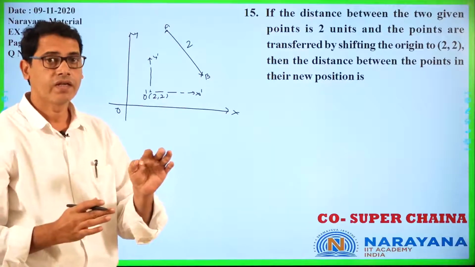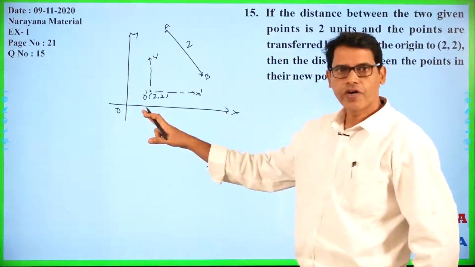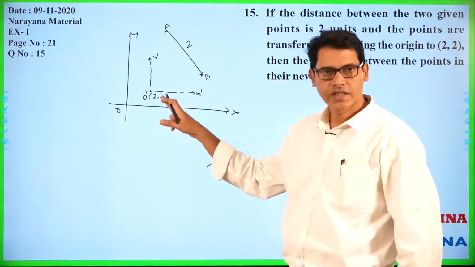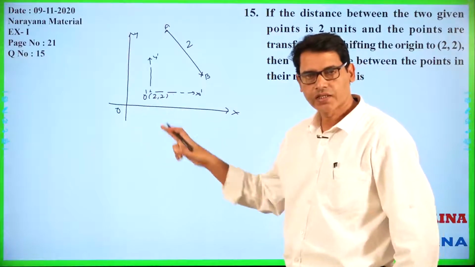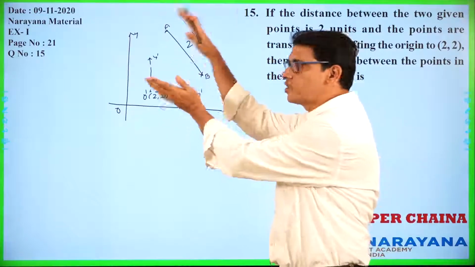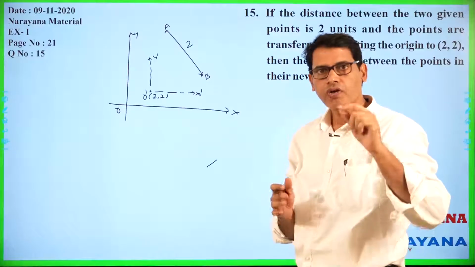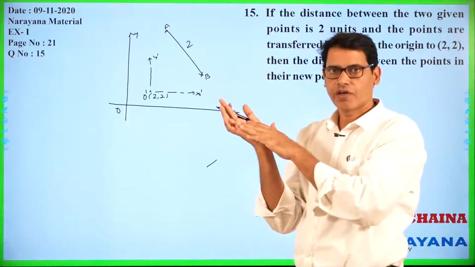Obviously it remains the same, because whenever you shift the axes, the position of the point remains the same. The point doesn't move. What changes? Only the coordinates change. Are you getting my point?